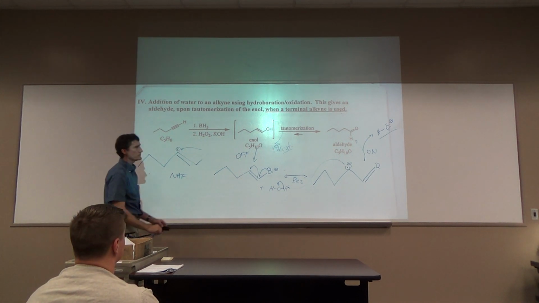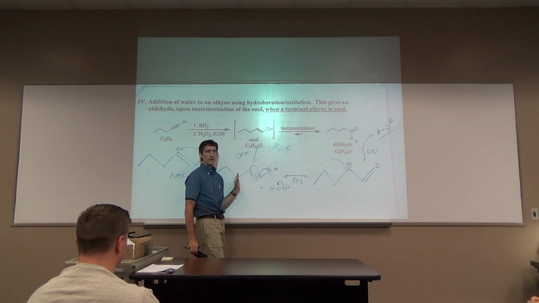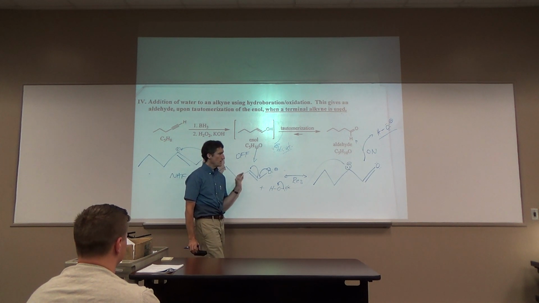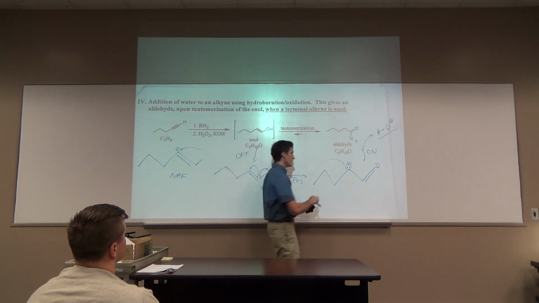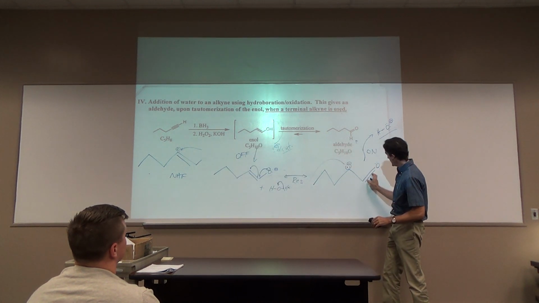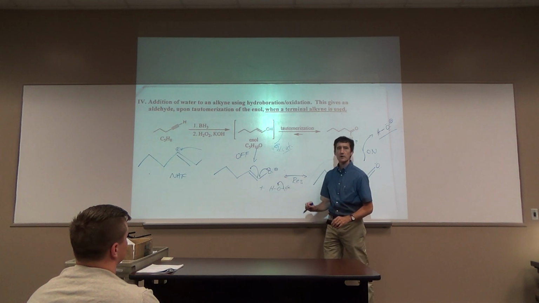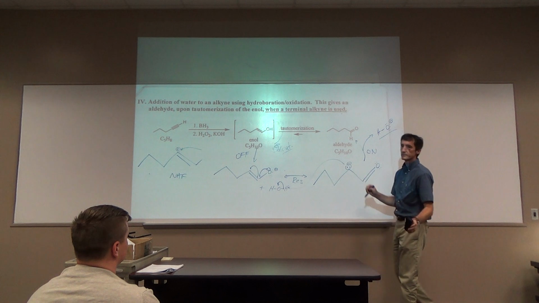A resonance structure is nothing more than the same positioning of all atoms. You're just showing the electrons in different places. All the atoms are in the same place. But over here I'm showing the electrons as a pi bond, where over here I'm showing those electrons as an extra lone pair on oxygen. Okay? That's what resonance is.